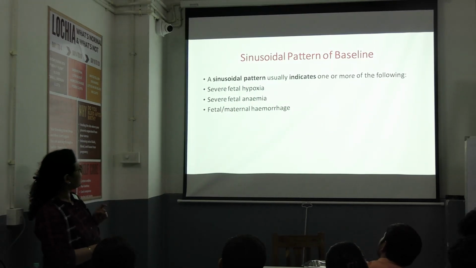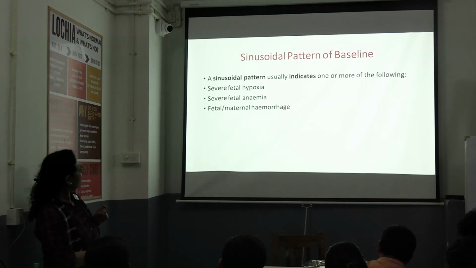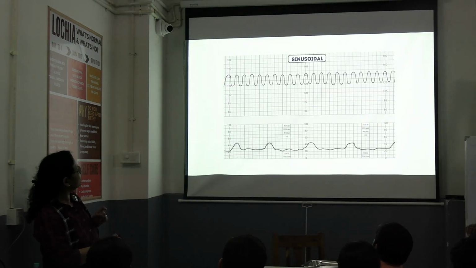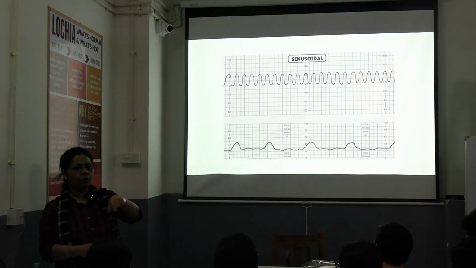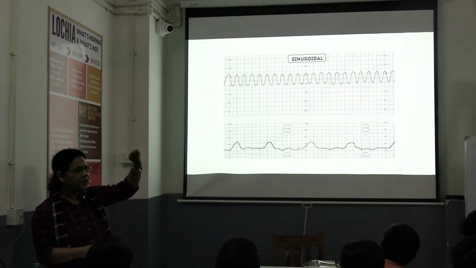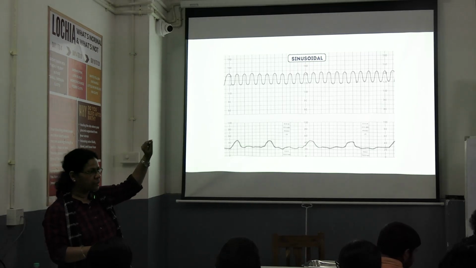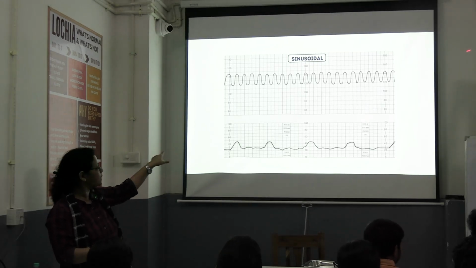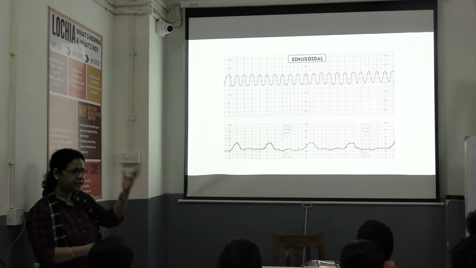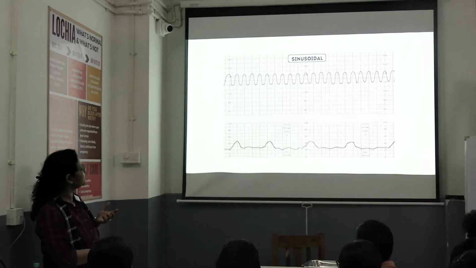It is seen in severe fetal hypoxia, anemia or hemorrhage. See, there is no variability. There is a sinusoidal pattern, a smooth sine wave of fetal heart rate. See, the small serrations that you used to see for beat-to-beat variability are not present. This is present in severe anemia, and in Rh negative mothers with Rh positive fetus.